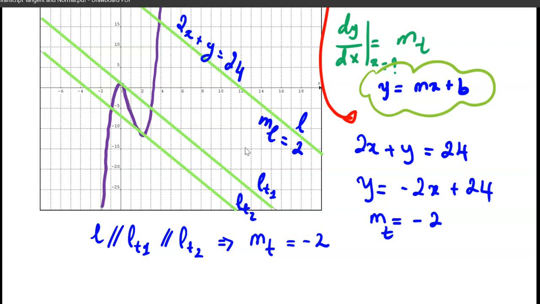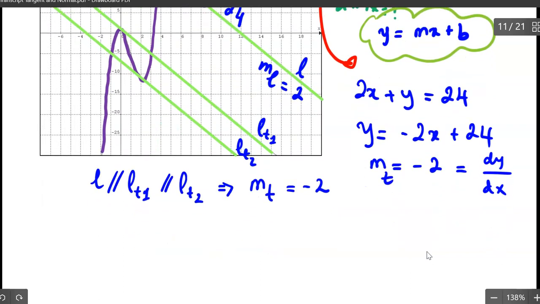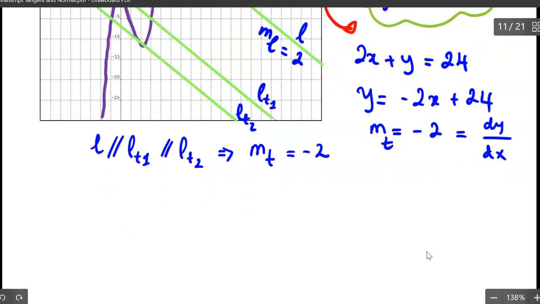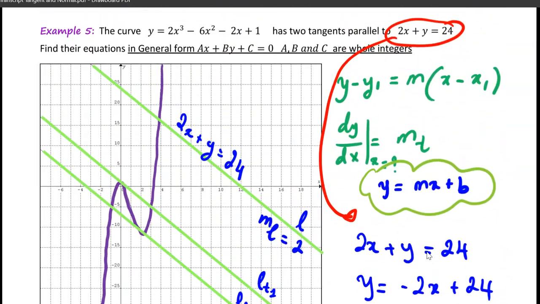The slopes should be equal to each other when the lines are parallel. Having the value of this slope, you know that it's very much similar to your dy/dx in this case. So this provides us the key to continue with this question.